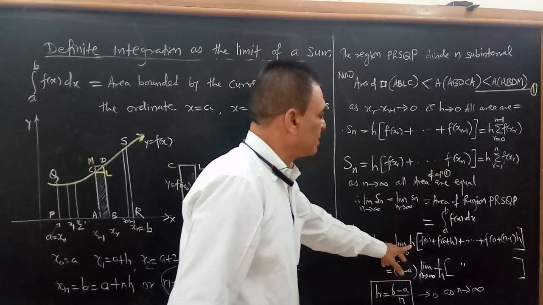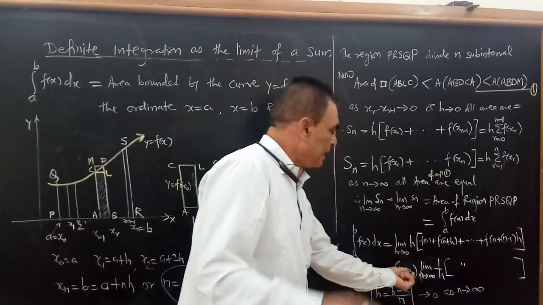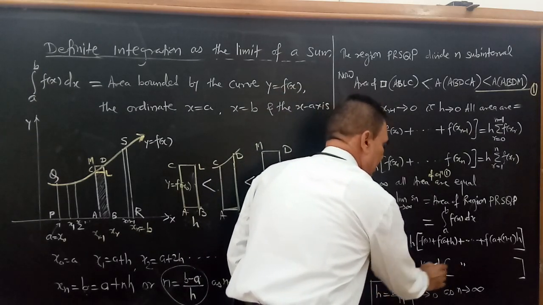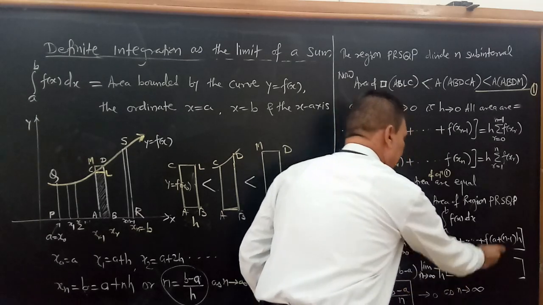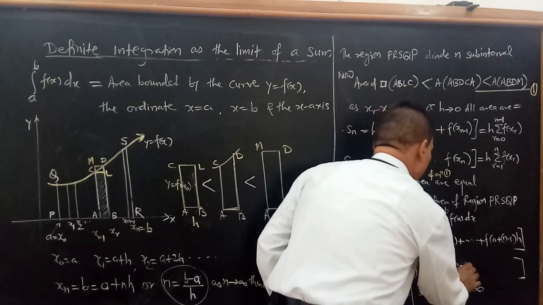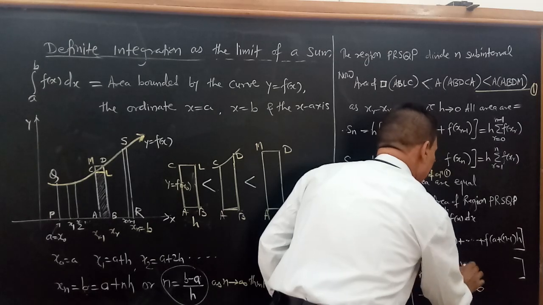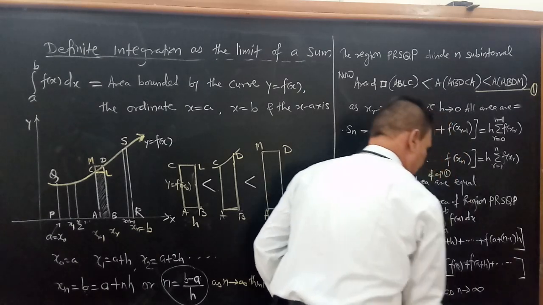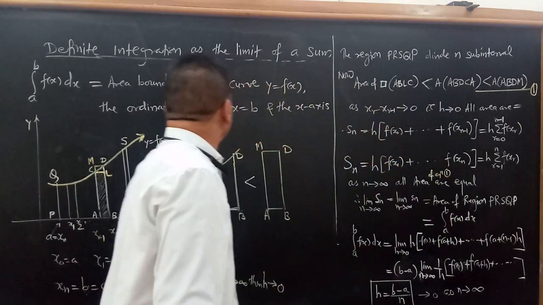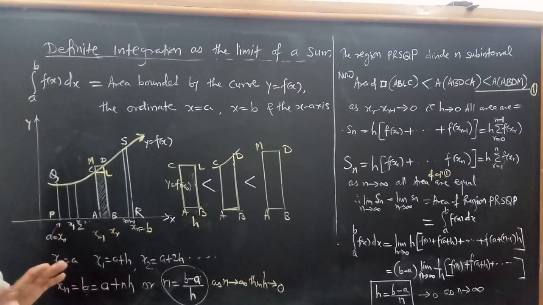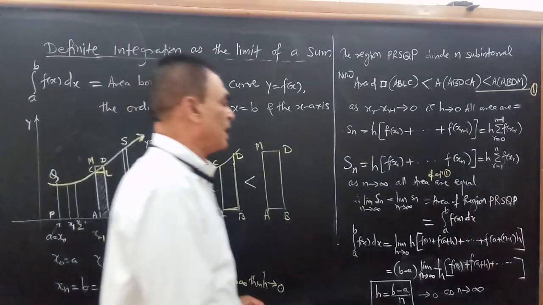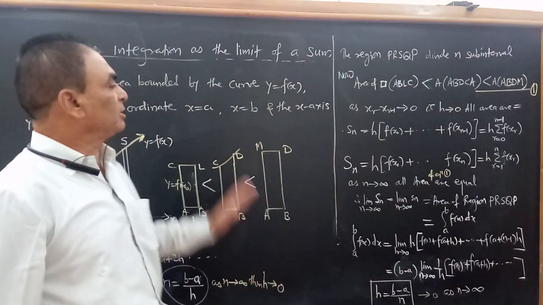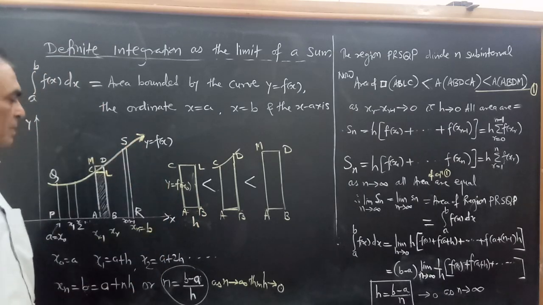Replace the value of h by b minus a divided by n, and write it in terms of limit, into 1 upon n, with all these things as they are: f of a, f of a plus h, and so on up to the last value. So the limit of a sum is this; only remember this formula carefully. The last formula is very important, and other things are for understanding purposes.